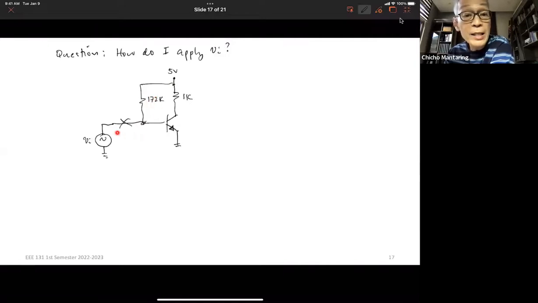And besides, this is also going to be applied directly across the base emitter, which looks like an invalid circuit, because this is almost always 0.7. If vi is less than 0.7, no problem, but if it is greater than 0.7, it will be damaged. So I cannot just connect these two. Now what do I do?